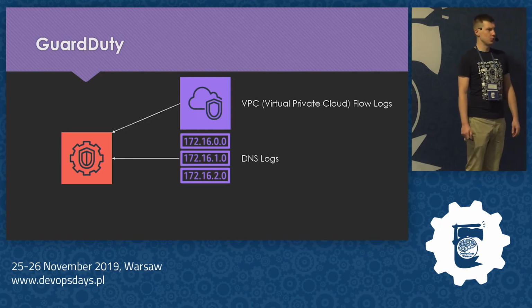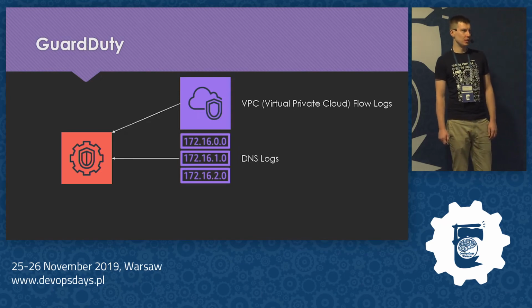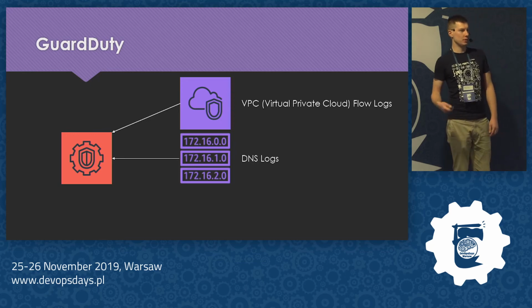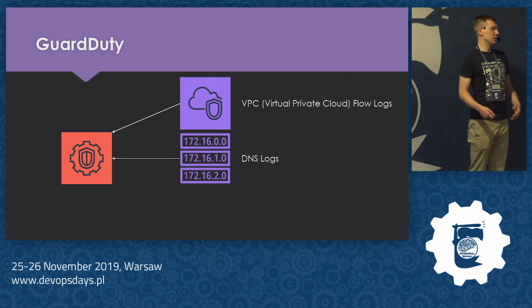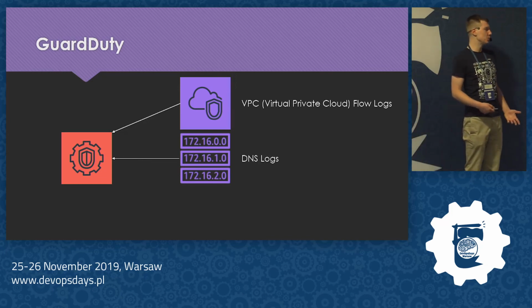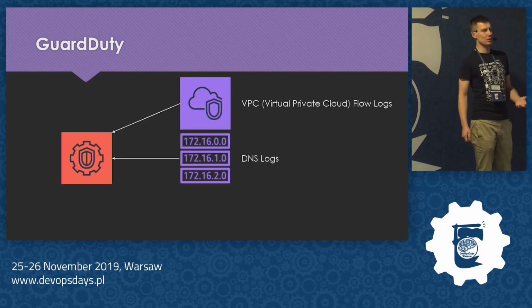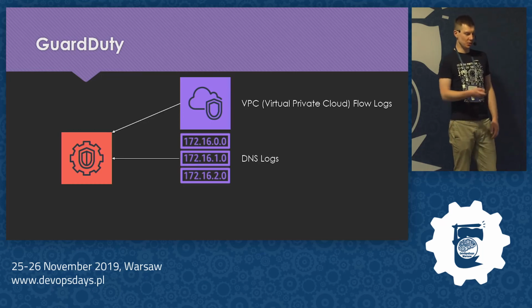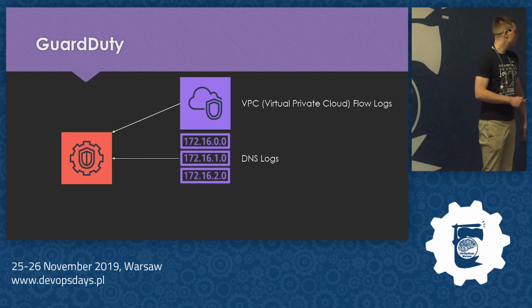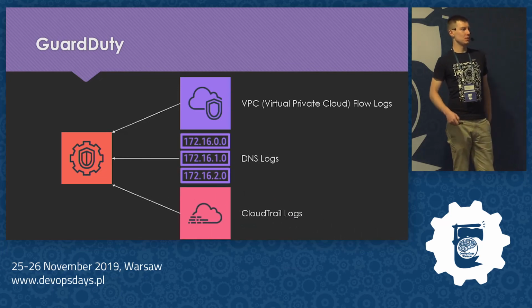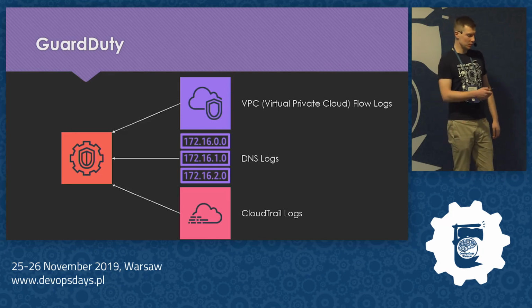Not so much to do anything fancy, but, as in this example earlier, it can recognize, for instance, if your EC2 instance is connecting to some suspicious domain, or if there is some suspicious IP address that it connects to. And also CloudTrail logs, so all of the types of events that we've seen before.